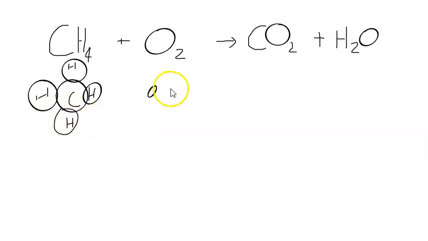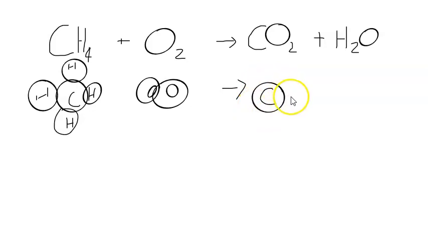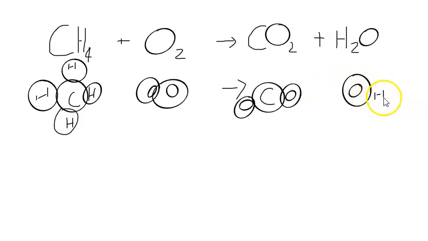And we've got 2 oxygens. So that's a little trickier to draw. So 2 oxygens there. And that is going into a carbon dioxide. So we've got a carbon bonded to 2 oxygens. And we've got a water. So 1 oxygen atom bonded to 2 hydrogen atoms.